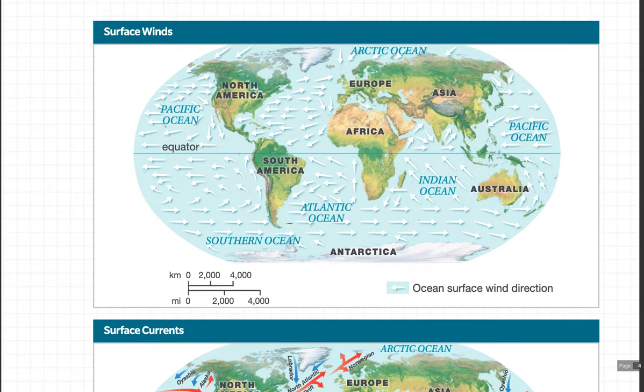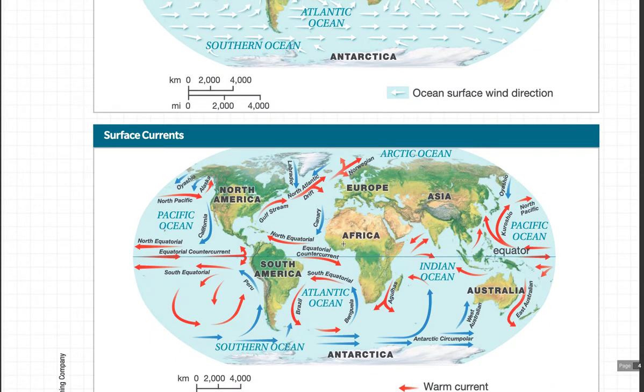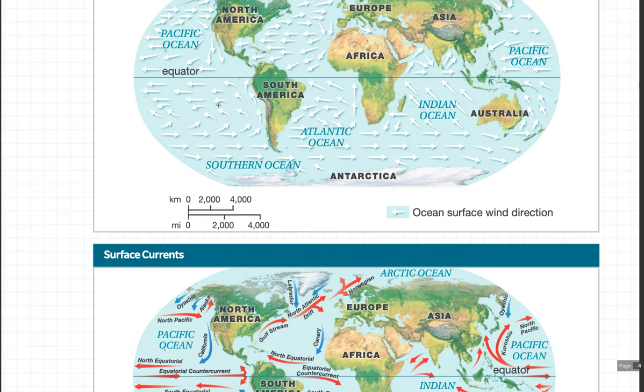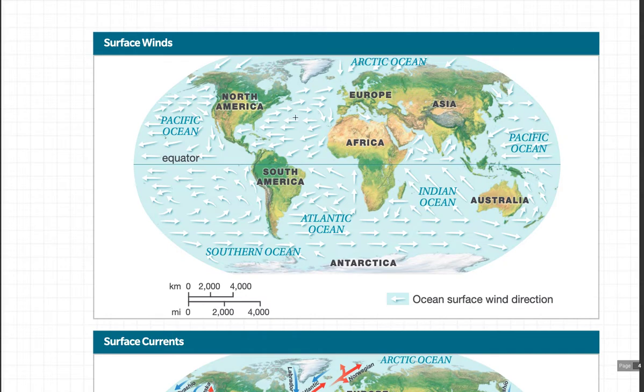So here we have two little pictures. This is surface winds and surface currents. And if you compare both of these, remember in the last lesson we talked about these prevailing winds, which are winds moving generally in one direction. You might see how there's a lot of movement in the wind, particularly when it gets around the continents.